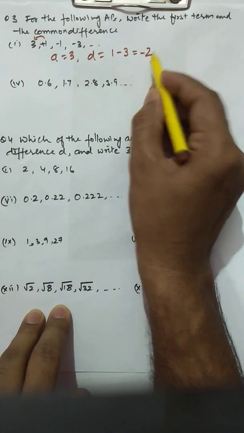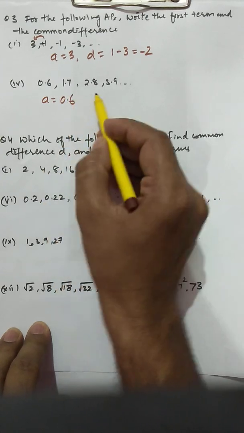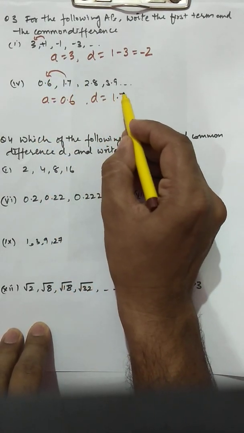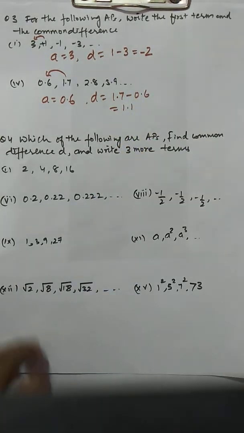So 1 minus 3, this difference is -2. Here A is 0.6 and D will be 1.7 minus 0.6, which is going to be 1.1. This way you can find the first term and common difference.